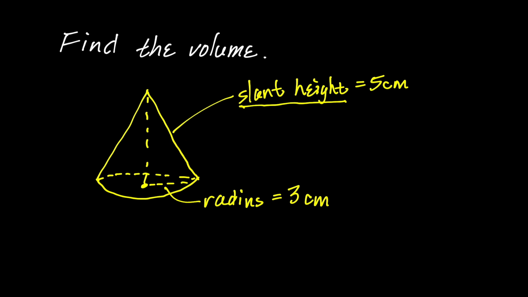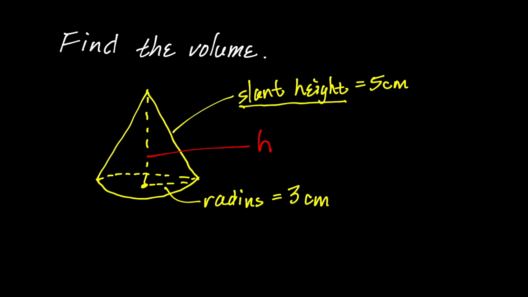So I have a slant height of 5 centimeters and a radius of 3 centimeters. But can I find the volume yet? The answer is no, I don't know what the height is. So I have to figure out what the height is of the triangle that's superimposed on the inside.